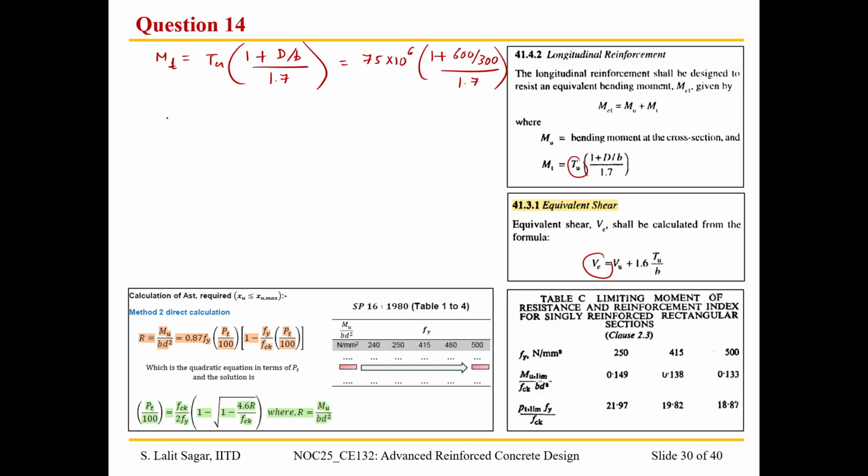So I get the equivalent moment as, please verify if you're getting this answer. Okay.